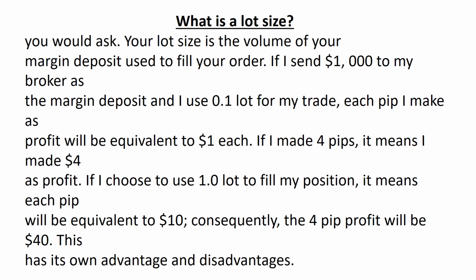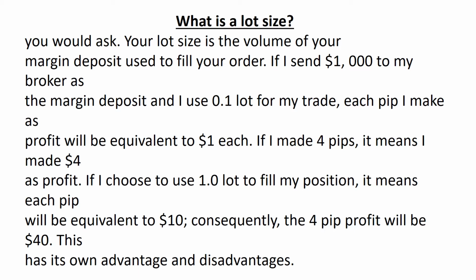If I choose to use 1.0 lot to fill my position, it means each pip will be equivalent to $10. Consequently, the 4 pip profit will be $40. This has its own advantage and disadvantage.